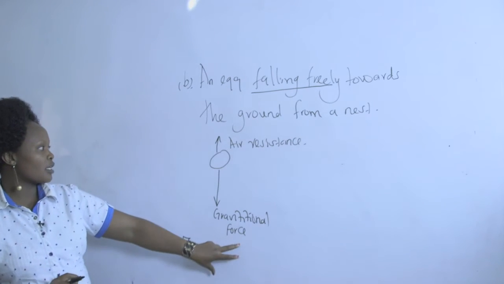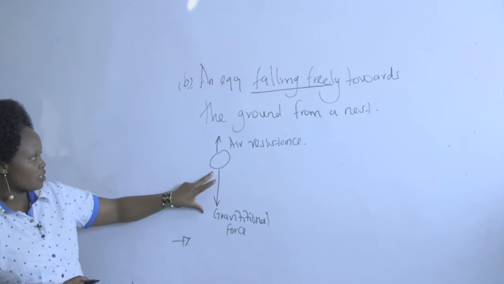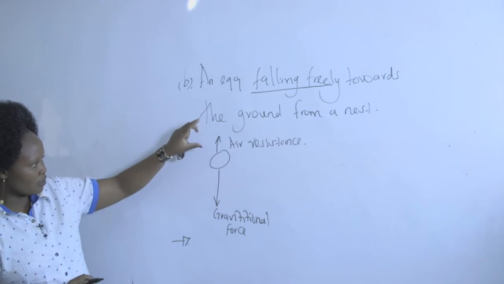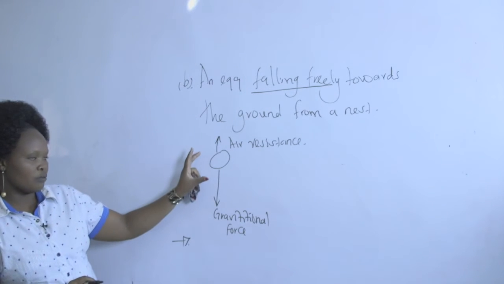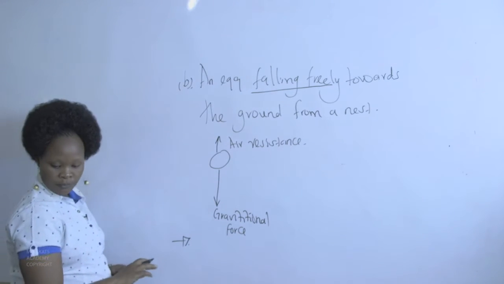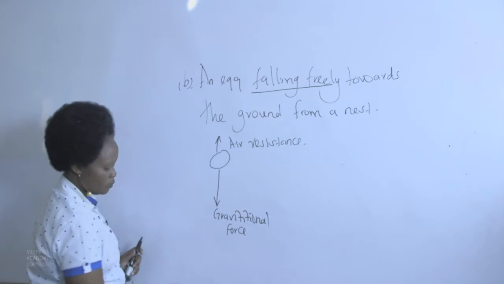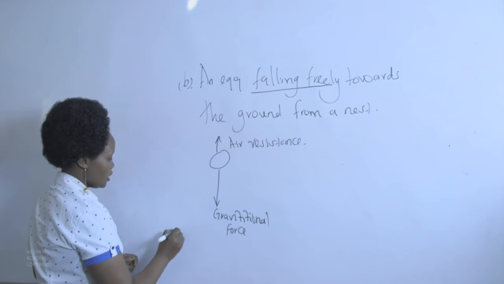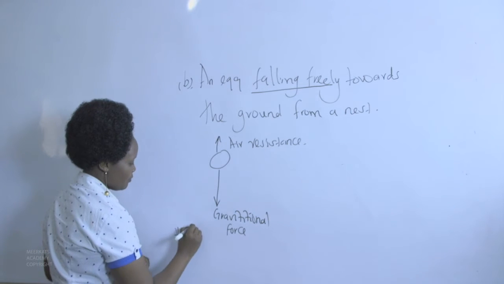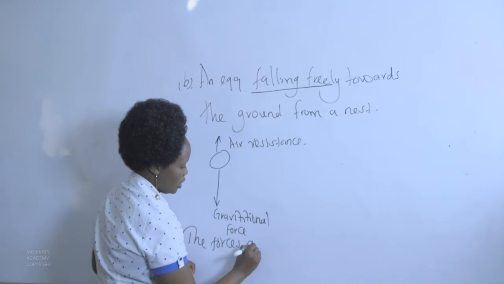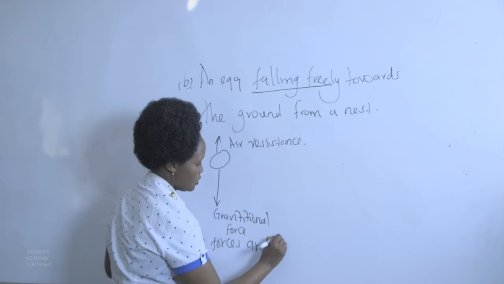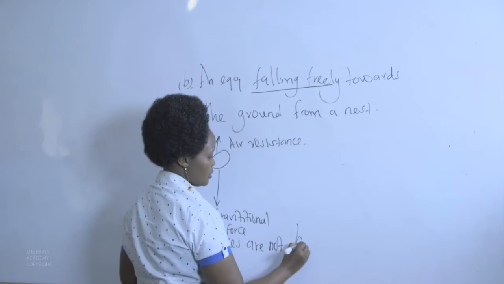But now, in this case, our gravitational force is bigger than the air resistance, resulting to a downward movement of the egg. Therefore, in this case, the forces are not balanced.